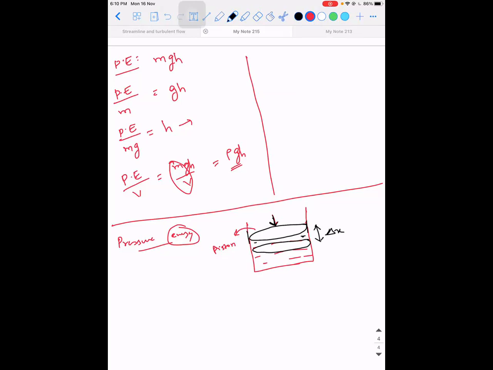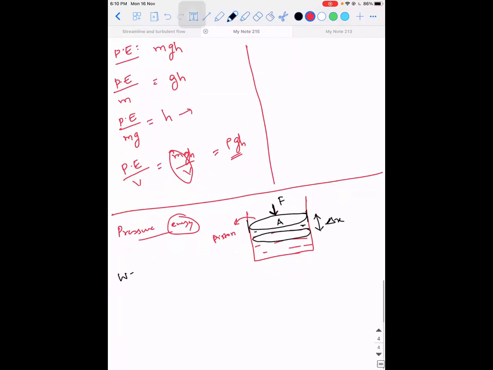Since we are dealing with ideal fluids, let's talk about some gas. So you're applying a pressure from the top and it has got displaced by a distance delta x. Let's say the force that you apply is F. The area of cross section of this piston is A. So what is the work done by the force?